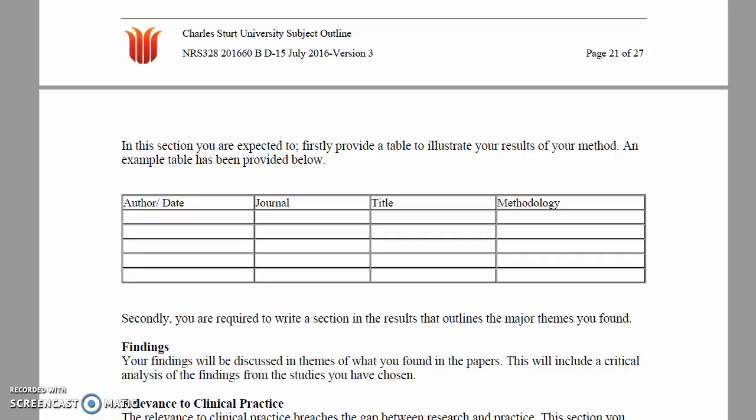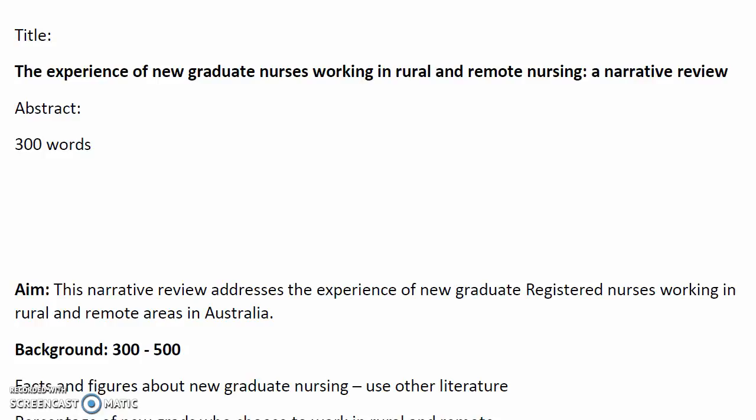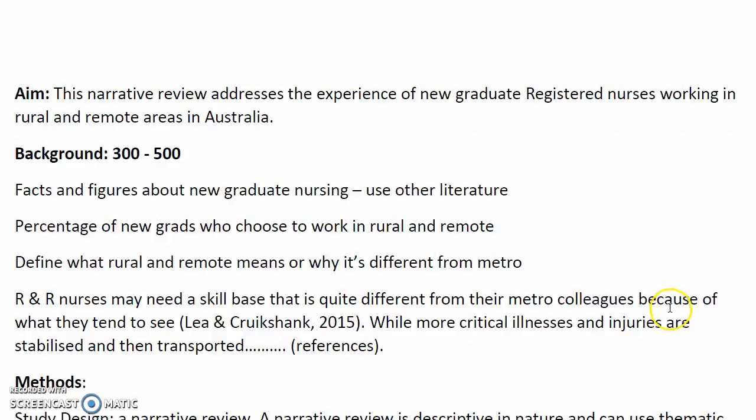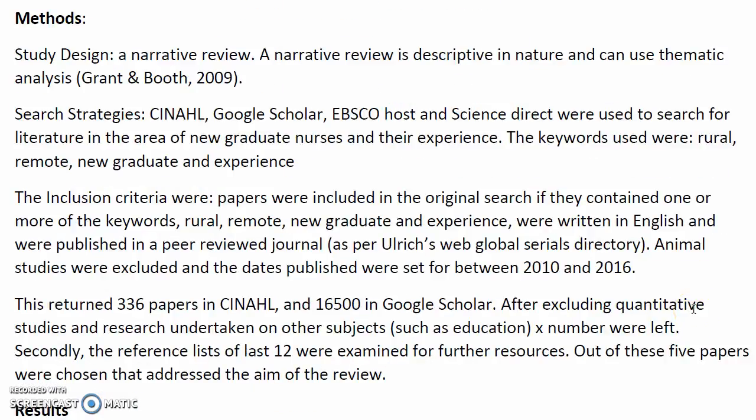So if you, for example, are looking at, I don't know, new graduates. The other paper that we worked up was the experience of new graduates working in rural and remote nursing, and I started doing this on an online meeting, and you'll find there's a files box in the online meeting website where you can download this PDF and the dementia and Down syndrome one.